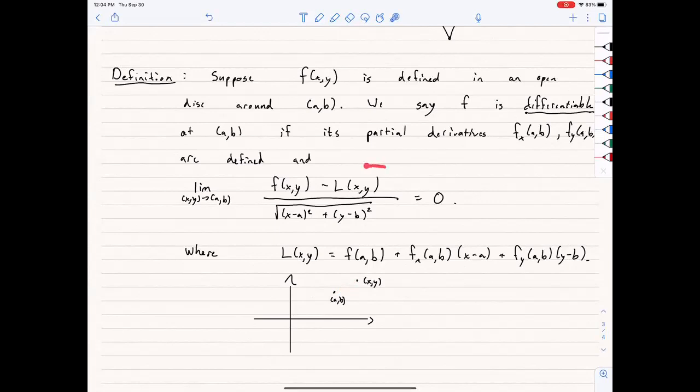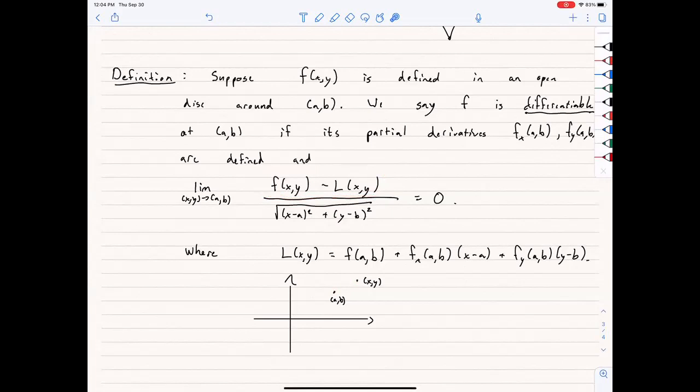This L is a linear approximation to the function you're interested in at that point. So this difference is saying how far away the linear approximation is from the actual function. And what this limit is saying is that as this distance gets close, this does a good job, up to first order, of approximating the function itself.